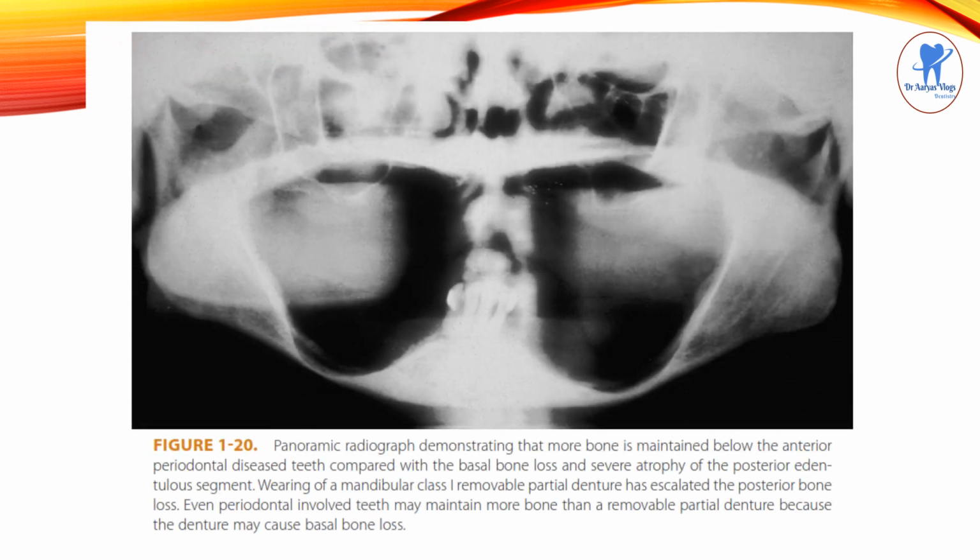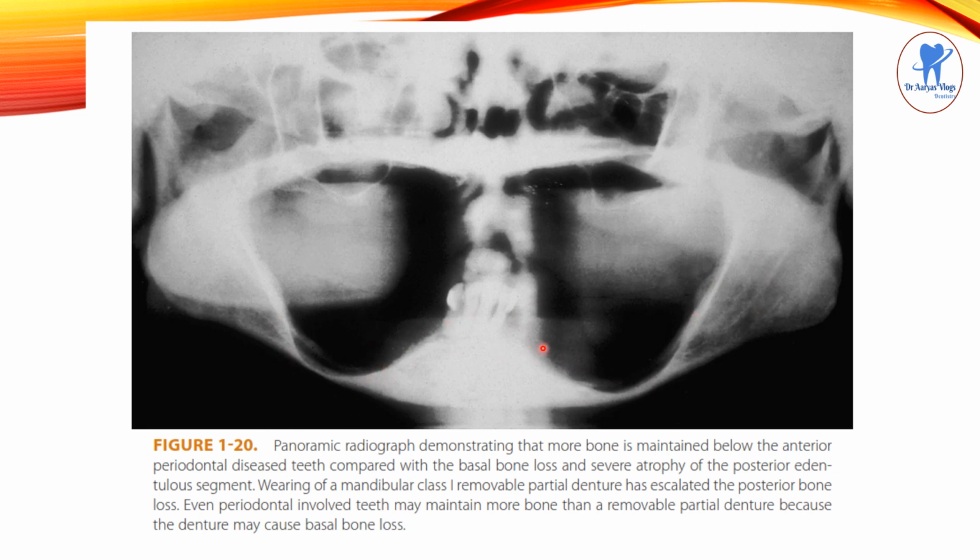Here is a panoramic radiograph demonstrating that more bone is maintained below the anterior periodontally diseased teeth compared with the basal bone loss and severe atrophy of the posterior edentulous segment. So the bone is maintained below the teeth compared to the basal bone loss of the atrophied ridge.